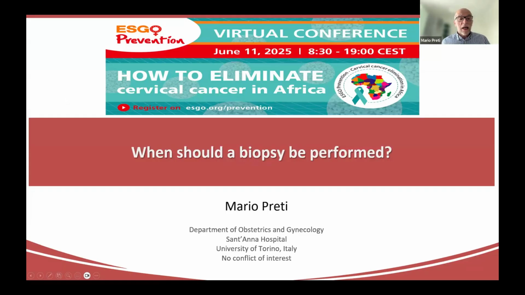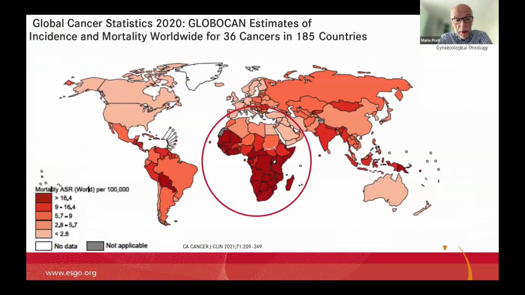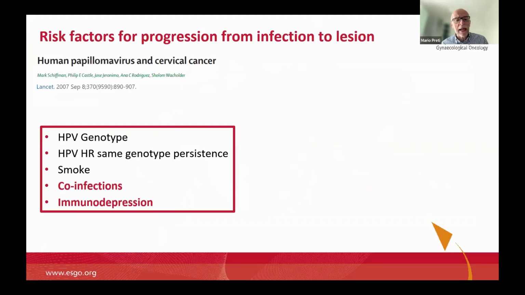Of course, just a few words, because most of the following slides have already been presented by the previous speakers, in particular Professor De San Jose and Professor Didem Egemen. So we know when and where cervical cancer strikes harder, and we know the risk factors for progression from infection to lesion.